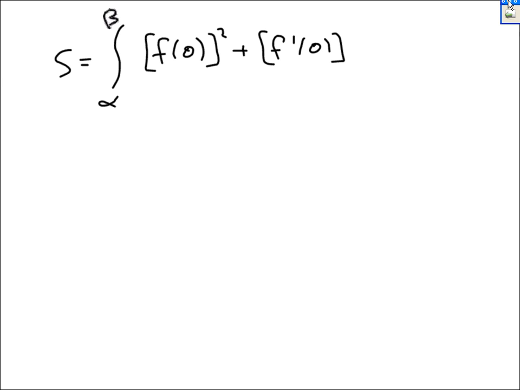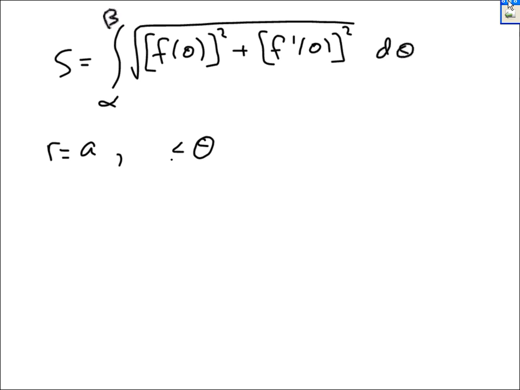Now remember, f of theta is r, and f prime of theta is r prime. So, suppose I tell you that r is just a, and that theta is between 0 and 2 pi. That's alpha, that's good old beta. And I'll assume a is positive.